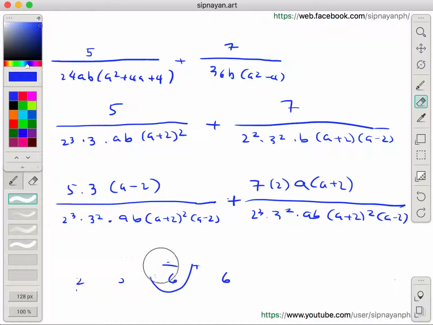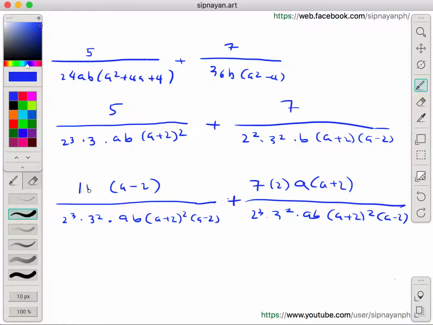Okay, nag-gets niyo siguro, I hope nag-gets niyo bakit natin ginagawa. Now, we simplify muna yung nandito. 5 times 3 is 15, di ba? This is 15. This is 14. Kasi mahaba, mahirap magsulat, so dito na tayo mag-simplify. Pwede ba natin ito i-simplify? 15 times a is 15a, and then minus 30 by the distributive property.